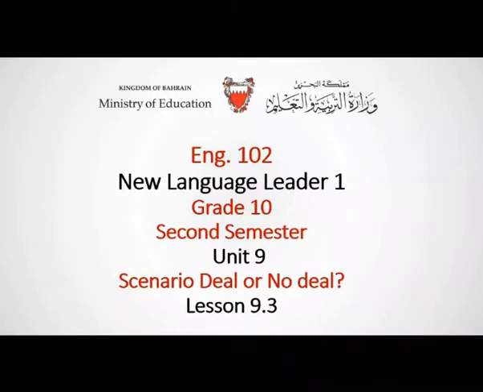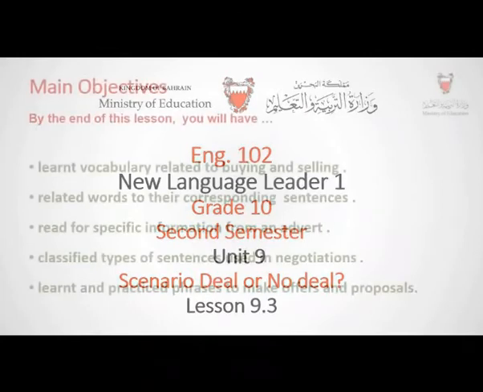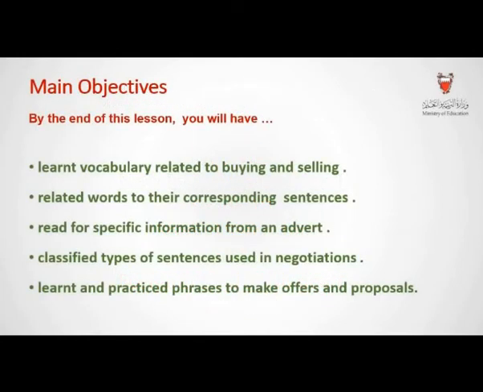This is Unit 9, and the title is Scenario: Deal or No Deal, and the lesson is 9.3. So by the end of this lesson, you will have learned vocabulary related to buying and selling.